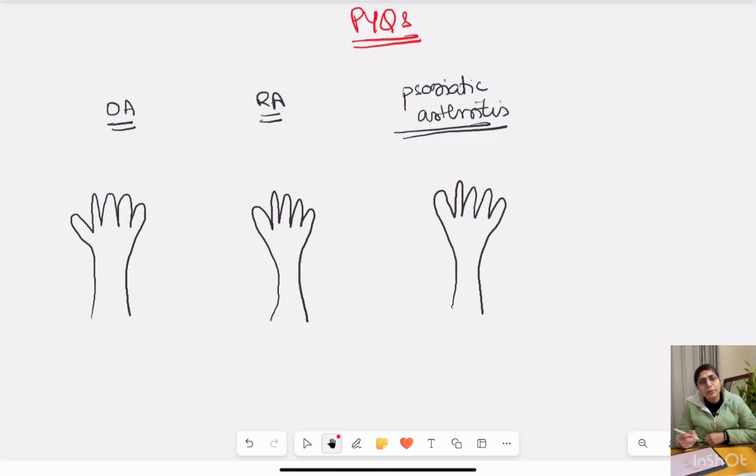So PIP is proximal interphalangeal joint and DIP is distal interphalangeal joint. Whatever is proximal comes near the wrist is proximal, okay? So these are proximal, these are distal. So in osteoarthritis, PIPs are involved, DIPs are involved. The first CMC, the first carpometacarpal joint is involved.